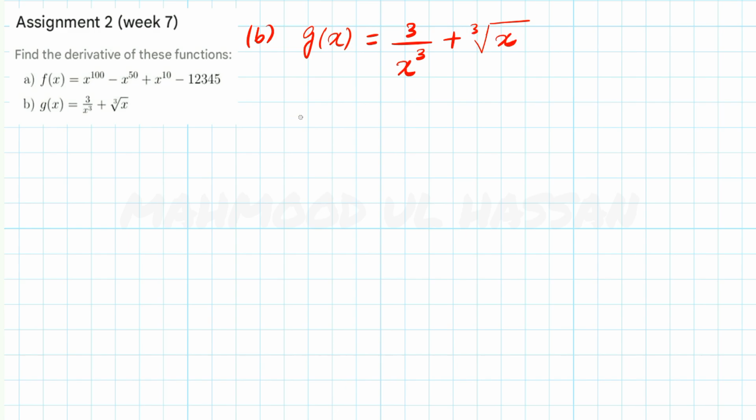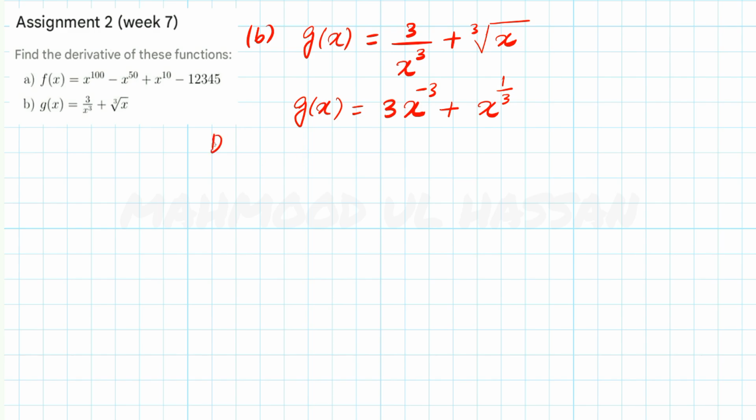Okay, first we are going to simplify this function, that is g of x equal, the first term can be written as 3 multiplied by x to the power negative 3, and then plus this cube root of x can be written as x to the power of 1 divided by 3.